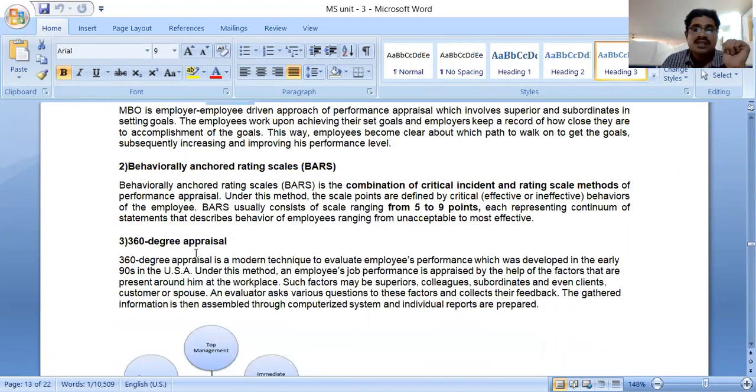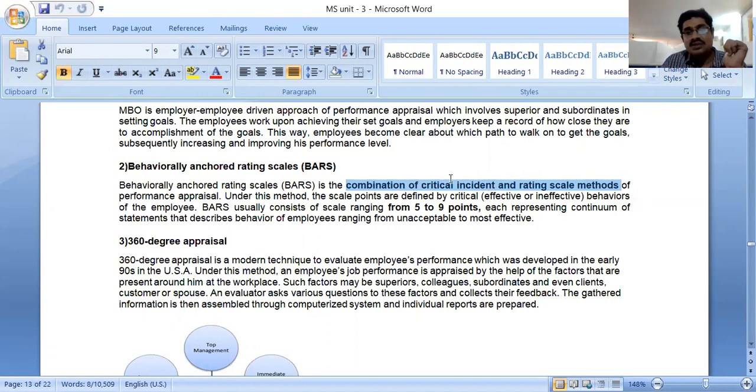Coming to the next one, BARS, behaviorally anchored rating scale. Here, look at this: it is a combination of the critical incident and rating scale methods. The combination of these two gives us BARS.